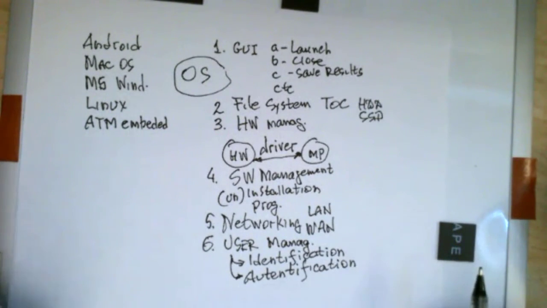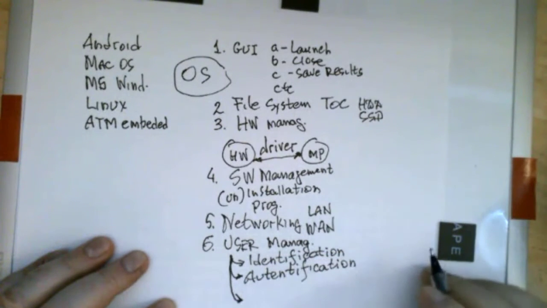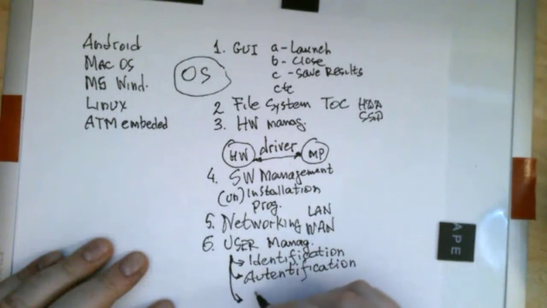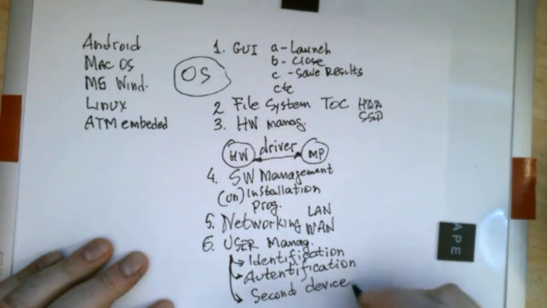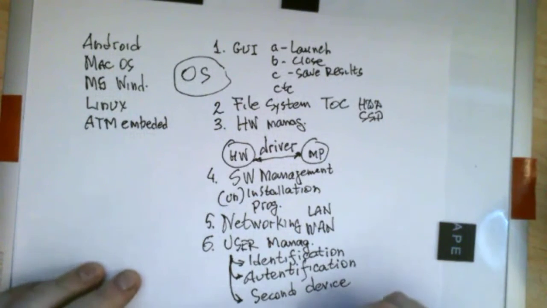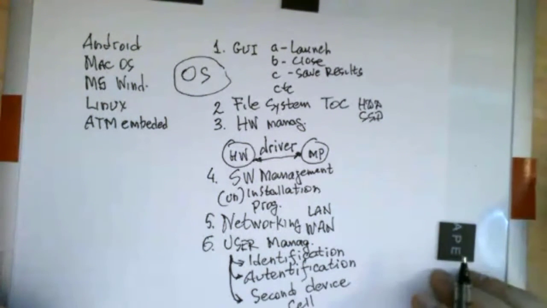Authentication is a secret word, a password. In the contemporary world, that is not enough. So the third part is multi-factor authentication, meaning you use a second device. They send a specific code to your cell phone, and then you come back with this code to authenticate yourself.